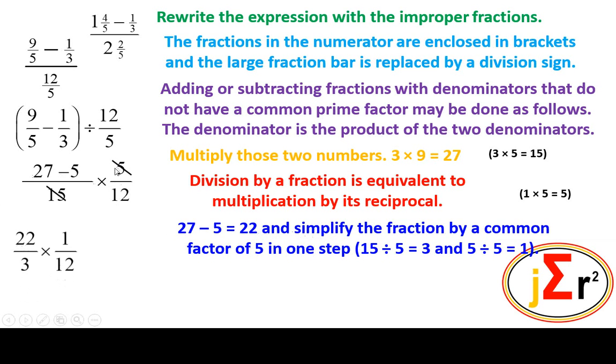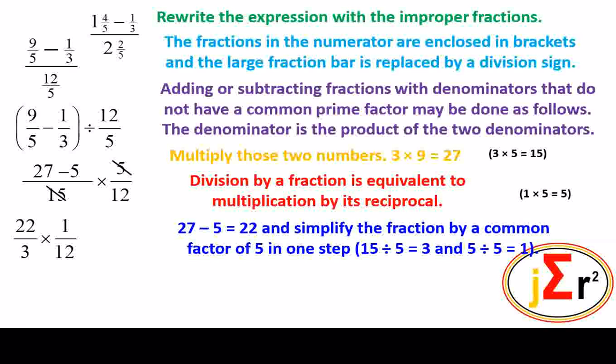So 5 into 5 is 1, and 5 into 15 is 3. The result will therefore be, of course, 22 over 3, and we'll have 1/12 here. Don't forget, simplifying by a common factor of 5, and of course 27 minus 5 is equal to 22.